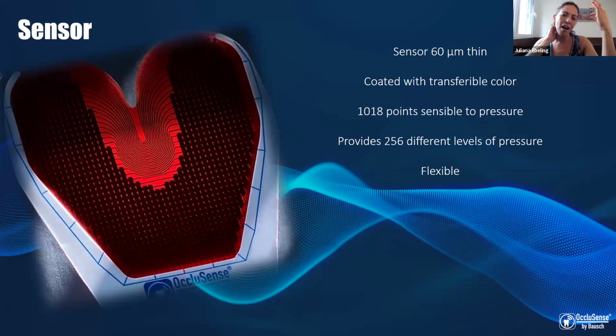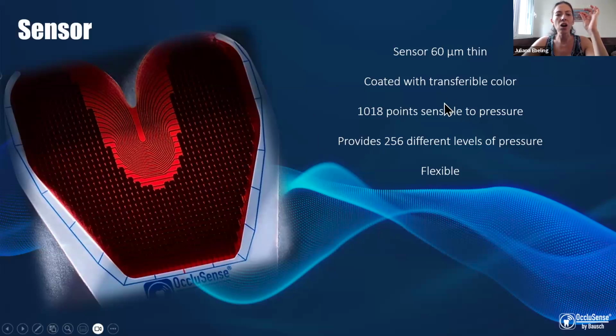For this reason, we don't have this data measured in newtons, but in ohms, which relates to electric current. Each of these sensitive points can provide us 256 different levels of pressure, of interruption.